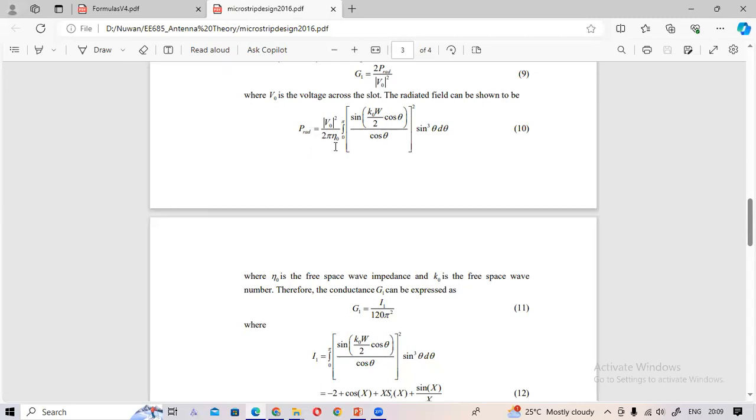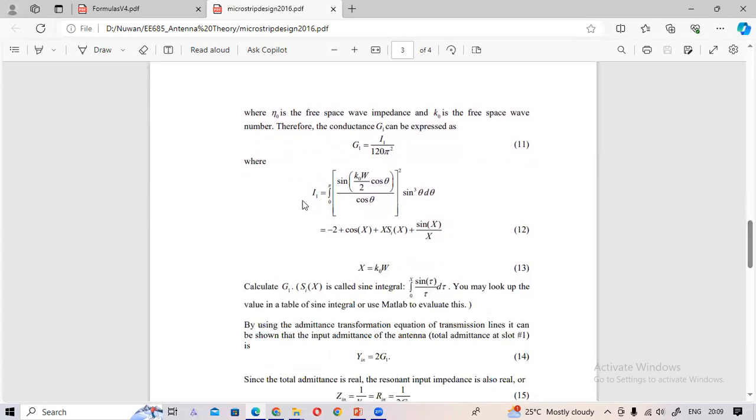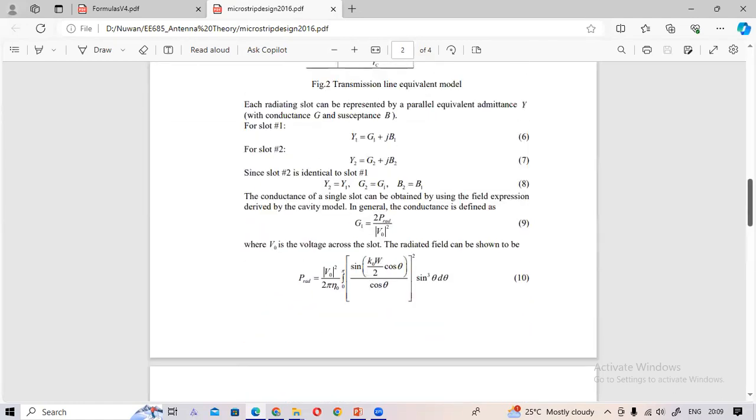I think for a design, we don't need to calculate the radiated power, but we have to calculate this G1. For that, we need the radiated power and I1, the current, which we can also calculate using this.